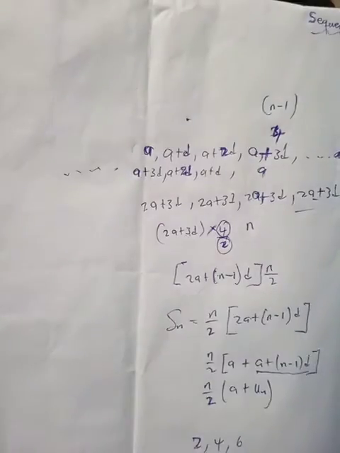Okay, when you are asked to find the sum of the terms of a sequence whose first term is 10 and last term is 100, what will we do?